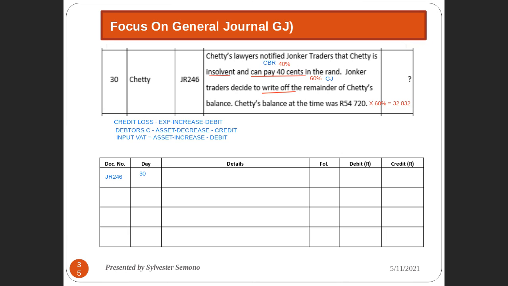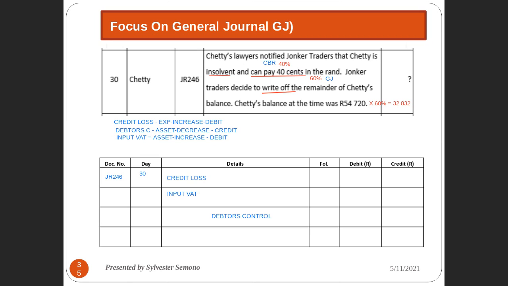Don't forget, you must always record the debited account first. And it's then that I can record the debtors at the bottom. So the one that is credited will always end.